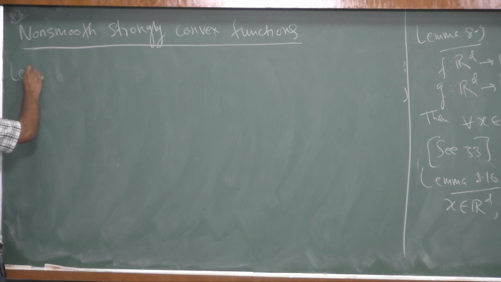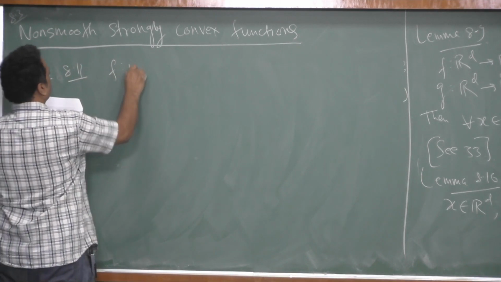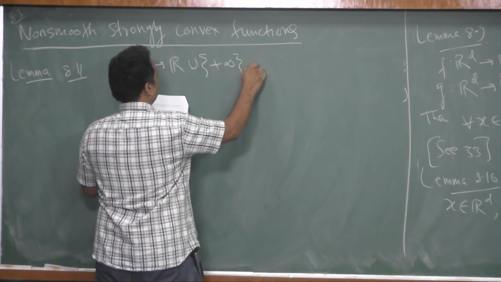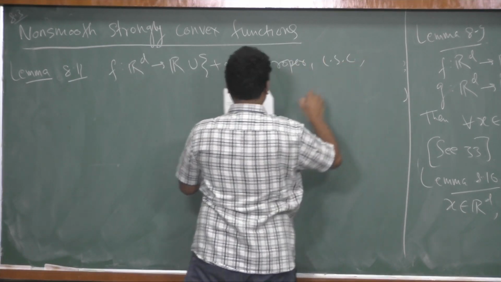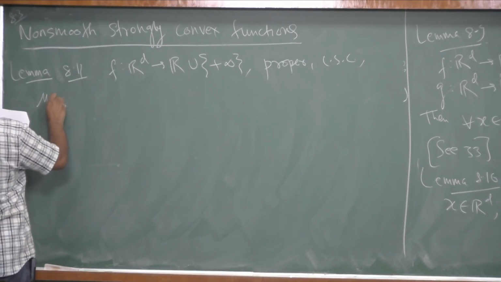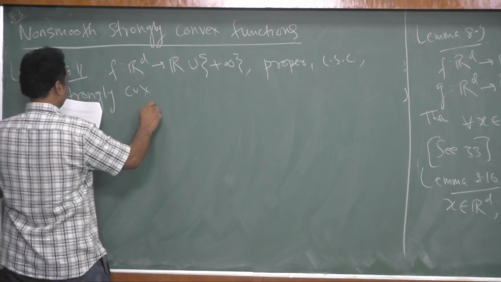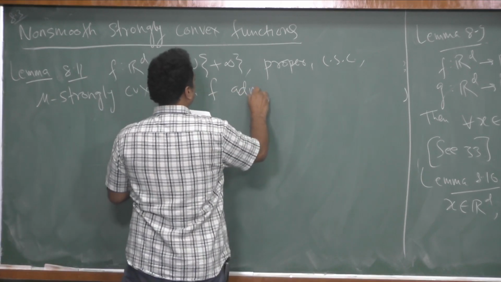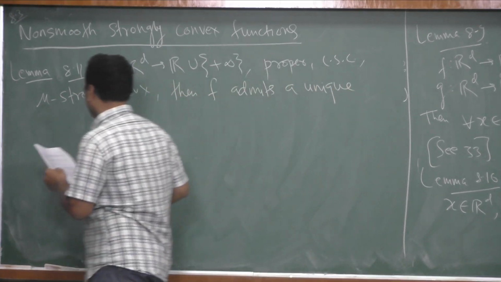Lemma 8.11. It says f from R^d to R union plus infinity, proper, LSC, and mu strongly convex, then f admits a unique minimizer.